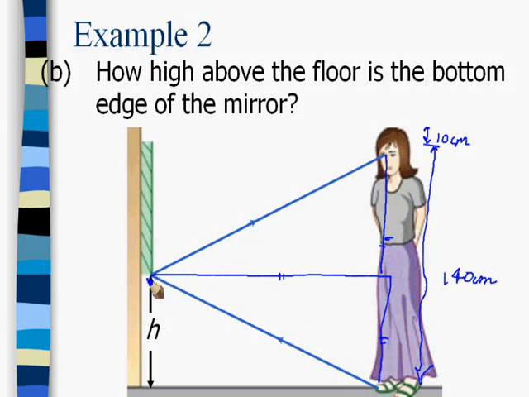So this corresponding distance on the mirror should also be equal to this line. Now, let this distance be x, then this distance should also be x, and here x plus x is equal to 140 centimeters.